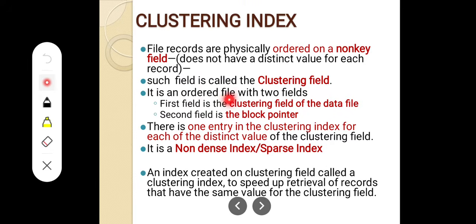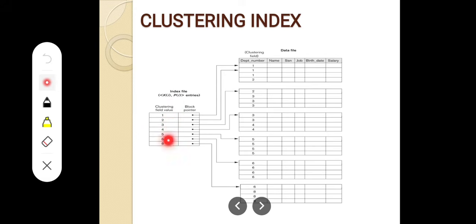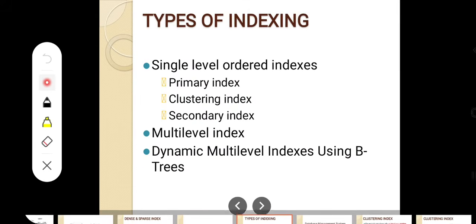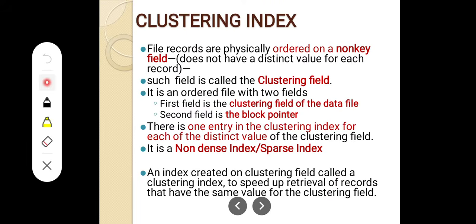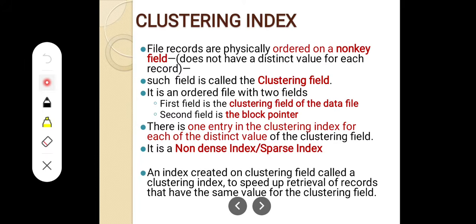A clustering index is also an ordered file with two fields. What are the fields? The first one is the clustering field of the data file, and the second one is the block pointer.